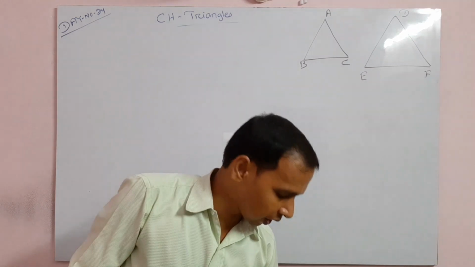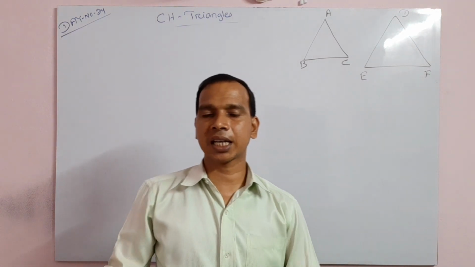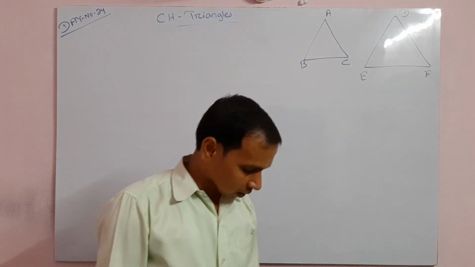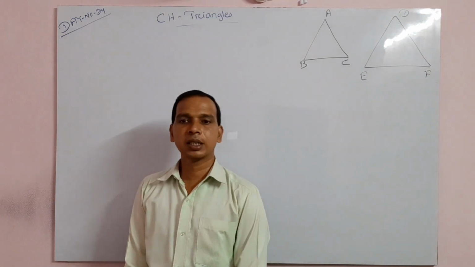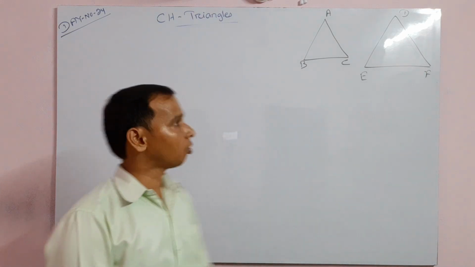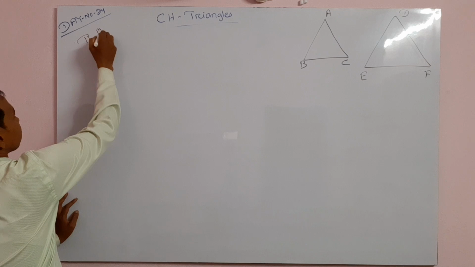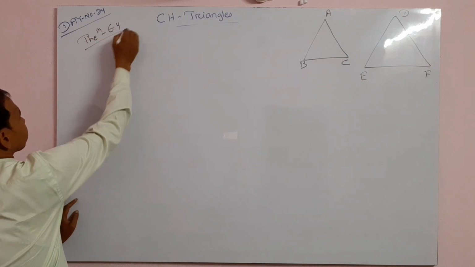Here corresponding sides are in proportion. We need to prove that corresponding angles are equal, then the two triangles are similar. First you write here Theorem 6.4.